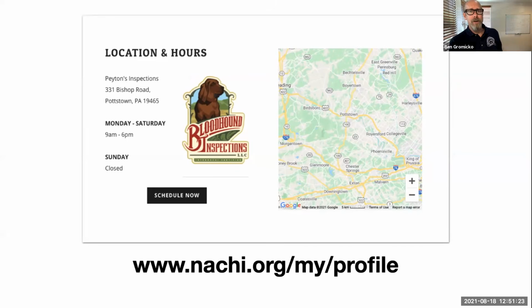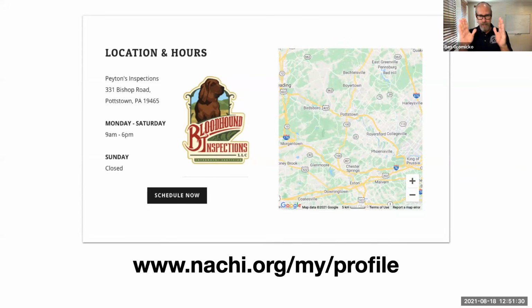Also, Google allows you to embed a map of your area, and you can focus in. Maybe you only go 10 miles away from your home office, or you can focus out. Maybe you go to different states. You probably have no idea where Pottstown is, right? It's in Pennsylvania.